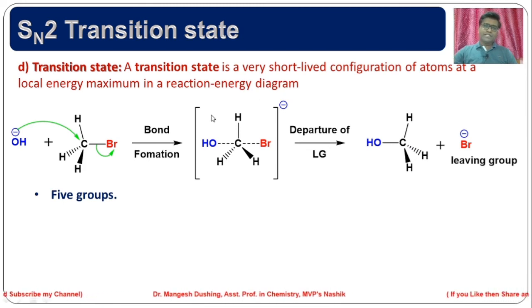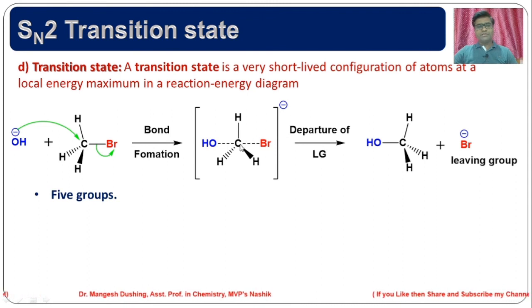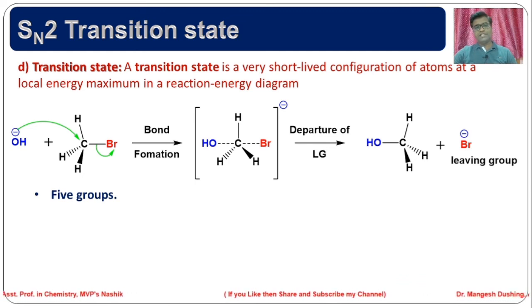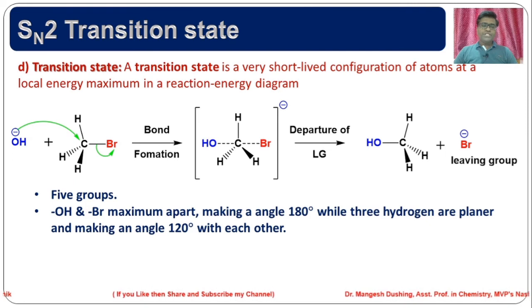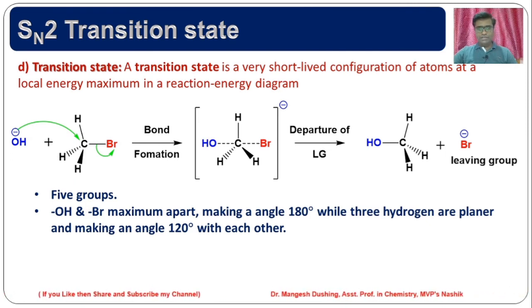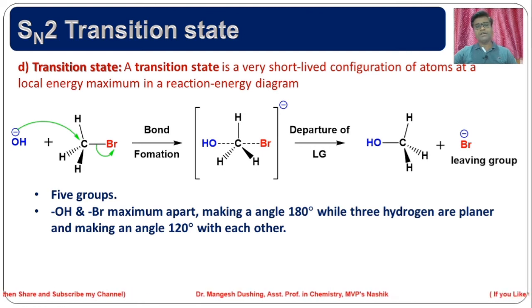In this transition state of the SN2 mechanism, the carbon has 5 groups: 3 hydrogens, one incoming group, that is the nucleophile, and the leaving group, that is Br. OH and Br are maximum away from each other, so the angle between them is 180, a linear configuration.